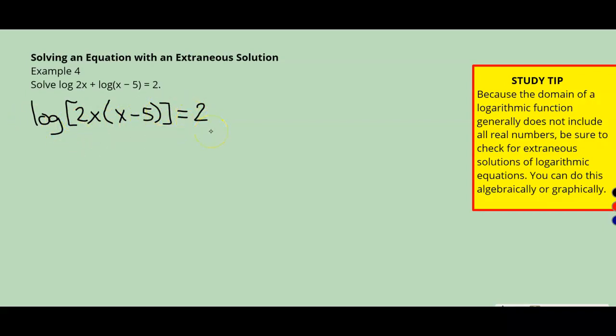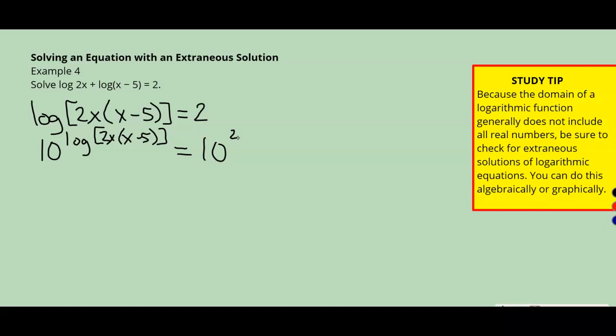So since we have log base 10, we're going to say 10 to the power of log 2x times x minus 5 equals, and we're going to do the same thing to this side, 10 to the second power.